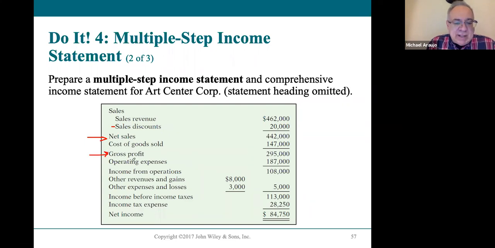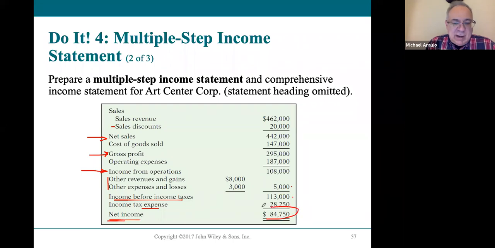Gross profit minus operating expenses, there's your income from operations, your profit from operations. Then you have to take all the other stuff into consideration. You're adding 8,000, but taking away 3,000. So you're actually boosting the total by 5,000. That's your profit before your income tax. Income tax is 25% of that. So you put an income tax expense together. That leaves you with your net income.